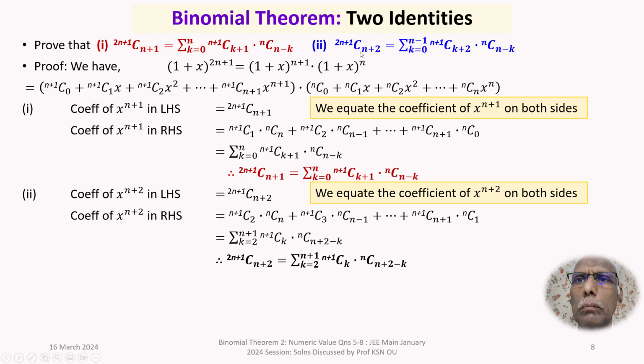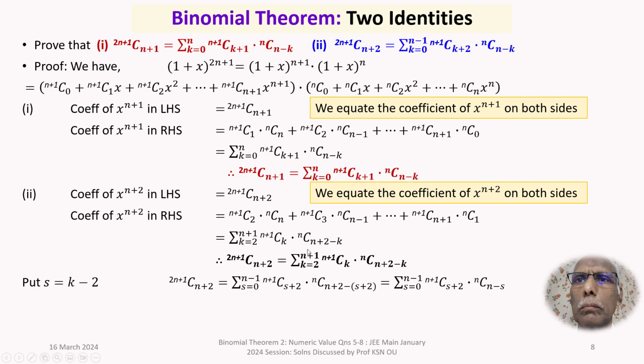But look at the second identity, what you have here. In the sigma, k is equal to 0 to n−1. So if you decrease the k values by 2, then k is equal to 2 to n+1 will become k is equal to 0 to n−1. That's precisely what we do. So we take another dummy suffix s to be equal to k−2. Then 2n+1 C n+2 is equal to sigma s is equal to 0 to n−1. Why? When k is equal to 2, s is 0.